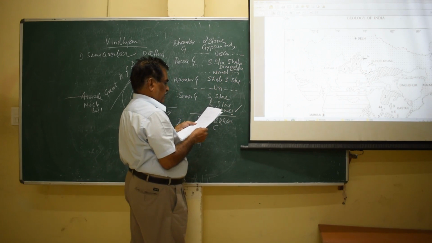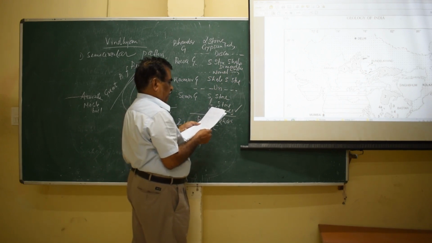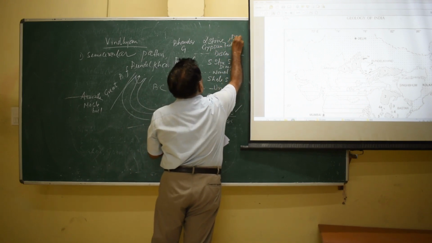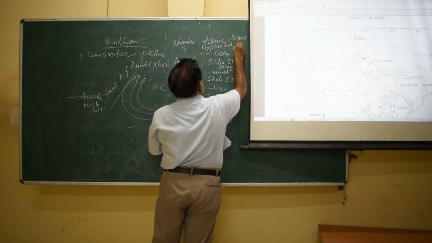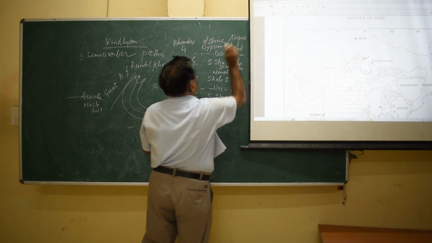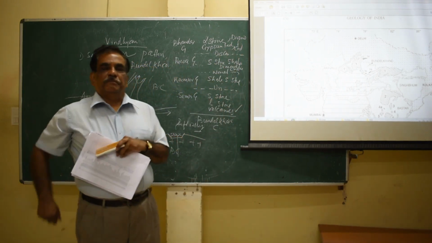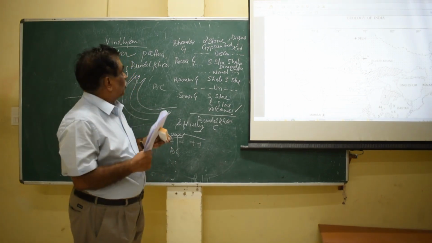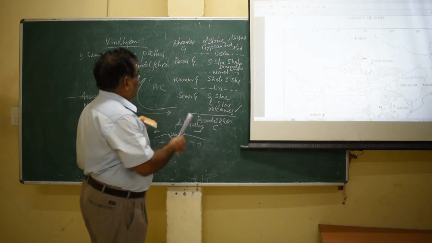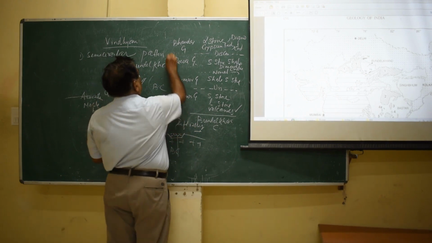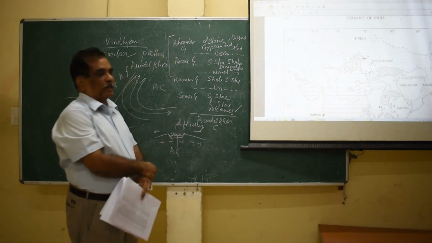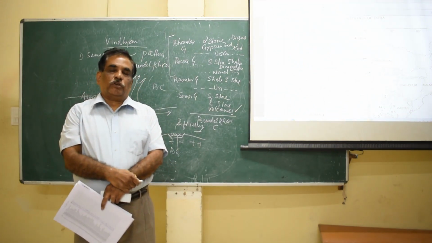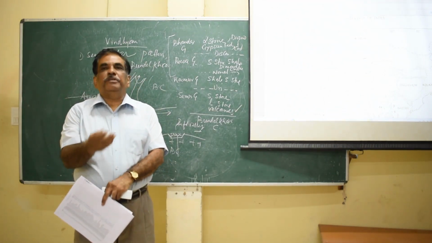Then Bhander, here also diamondiferous conglomerate. So these diamondiferous conglomerates, they are occurring toward the top part of Vindhyans, upper part of Vindhyans. So why diamonds are occurring in the conglomerates? Because diamond is a heavy mineral.